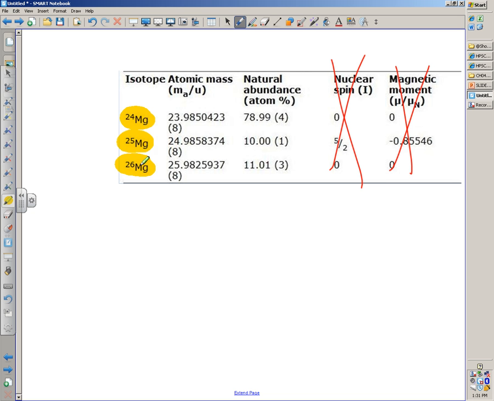Using your periodic table, once again, how many protons, how many neutrons, how many electrons do each of those 3 atoms have? Go. Find magnesium on your periodic table. It's over on the far left if you're having a tough time finding it. How many protons, neutrons, and electrons do each of those 3 atoms have?